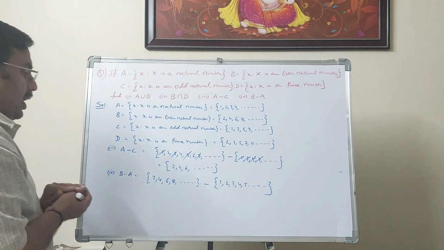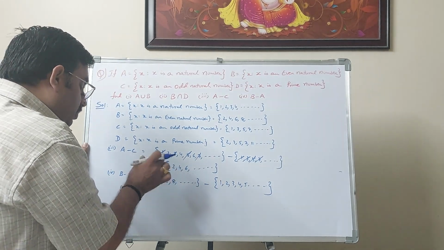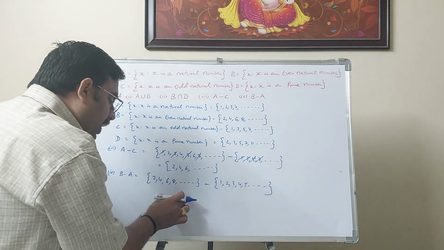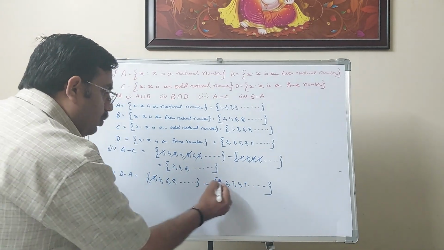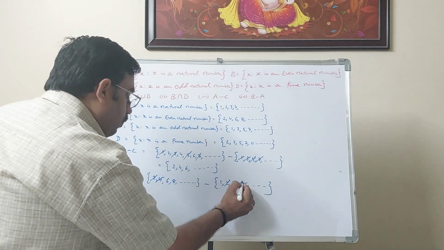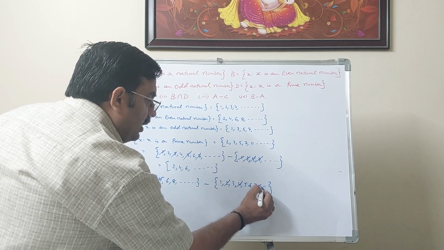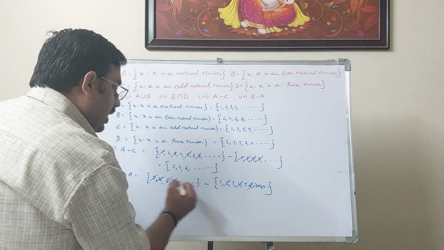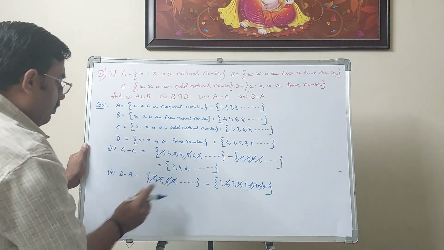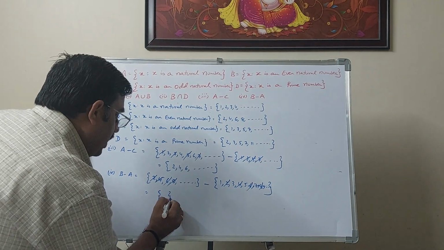B minus A means you have to write the elements which belong to set B and do not belong to A. That means you have to cancel: 2 with 2, 4 with 4, 6 with 6, 8 with 8. So no elements belong to B now, and you get an empty set.